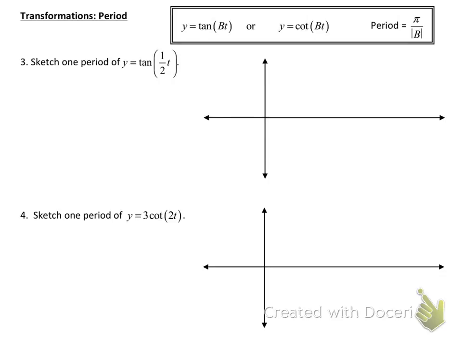Okay, so now we're going to affect the period of our tangent and cotangent values. And again, remember, it's pi over the absolute value of b now. It's not 2 pi, because the period for tangent is pi. It's changed. So if I have 1/2 in front of t, then I have a horizontal stretch.